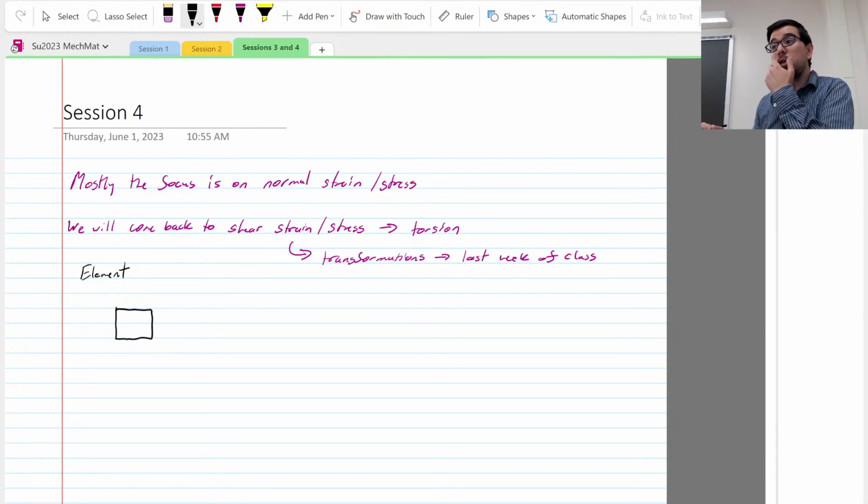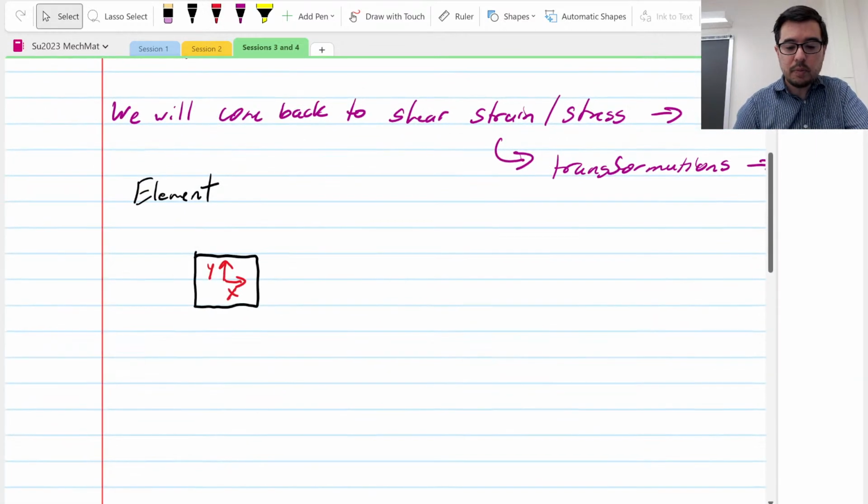Sometimes we think of this as a material element because it's just a chunk of material and what it is experiencing. We will typically, not always, have an up and a down coordinate. So what you might see us do is write something like, this is y and this is x, like that.